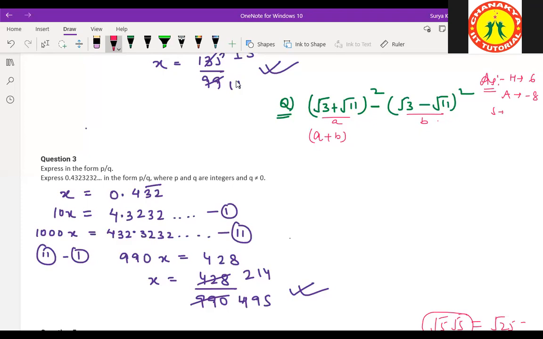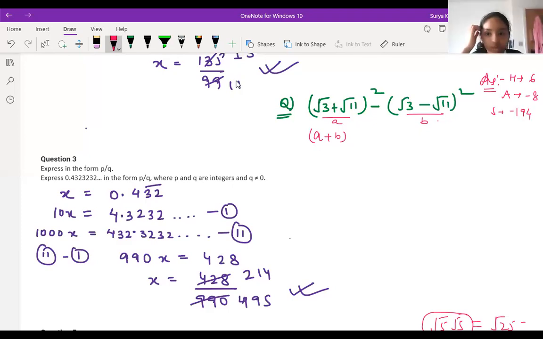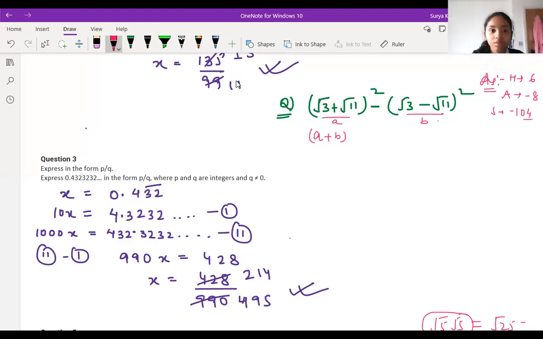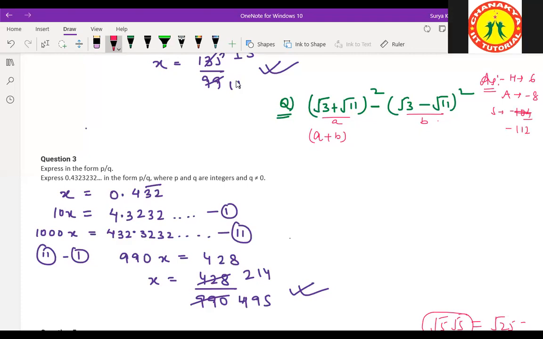What are you saying? 104? Okay, let's solve. Minus 112, you're saying. Sir, it can be 22 also. 6 or 22 is my answer. Shravani, you're getting 112, no?